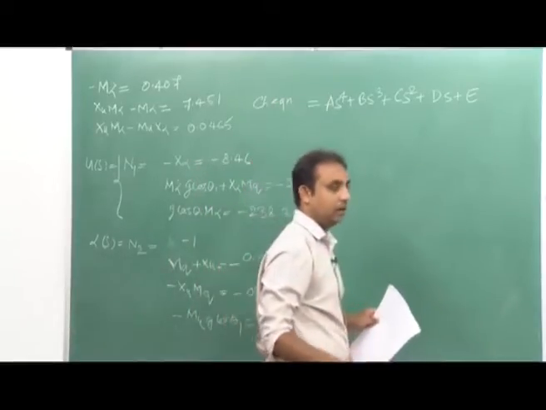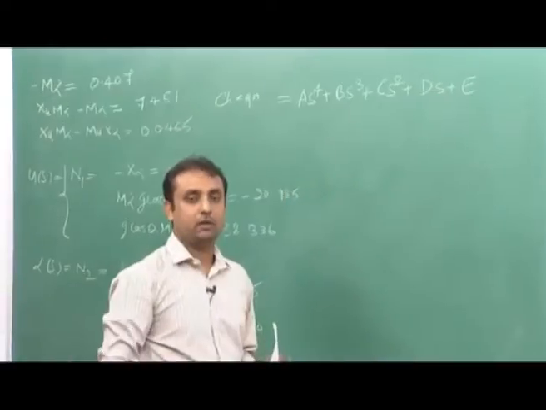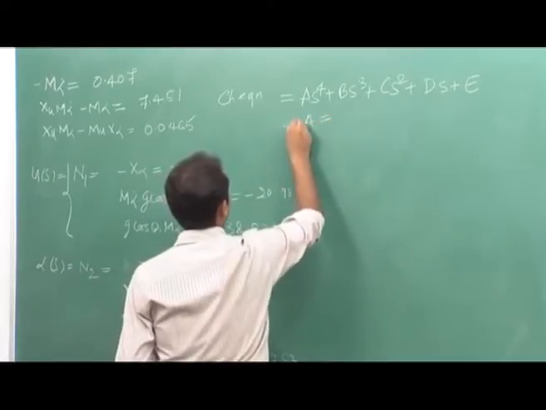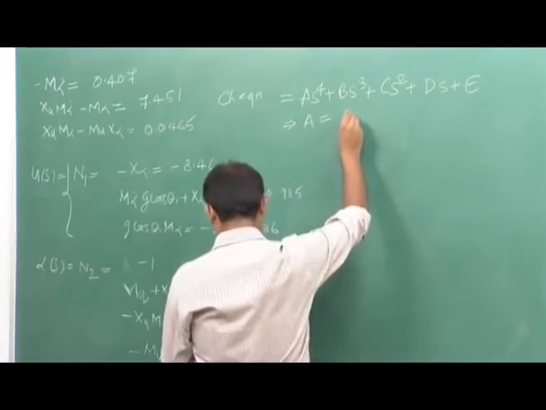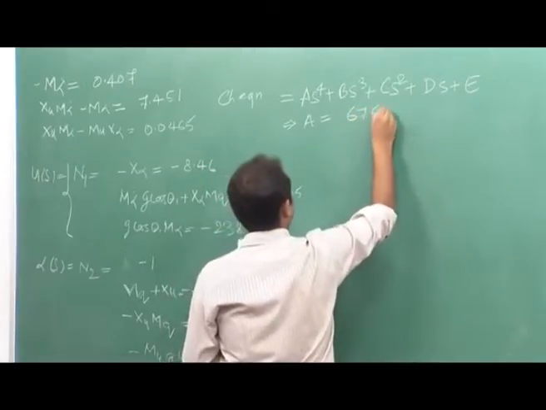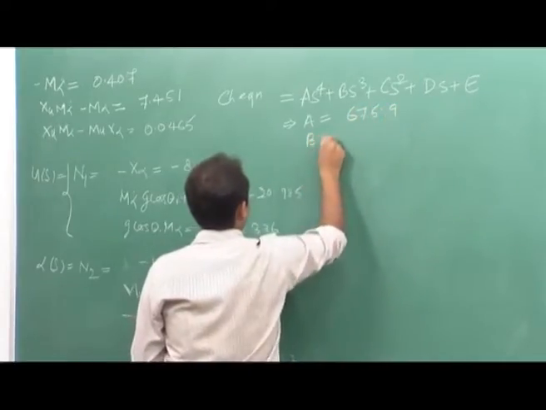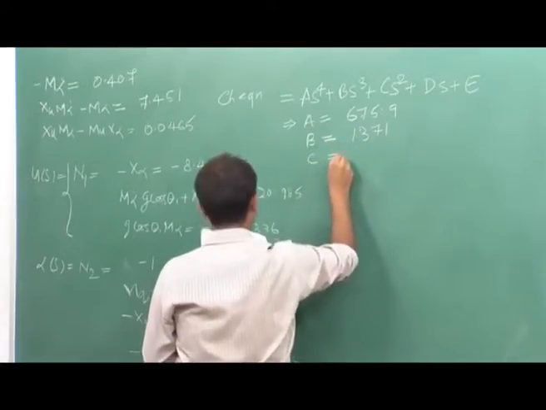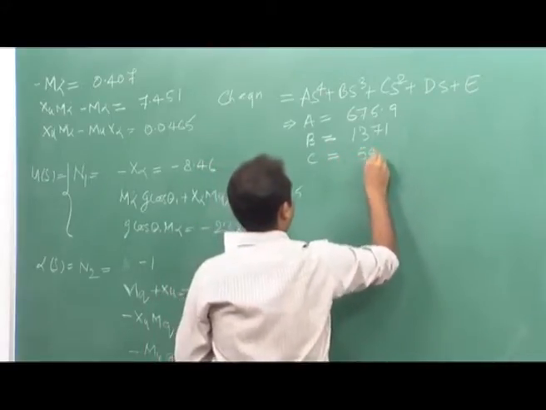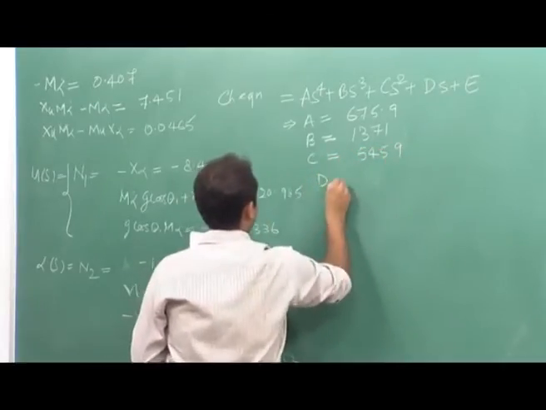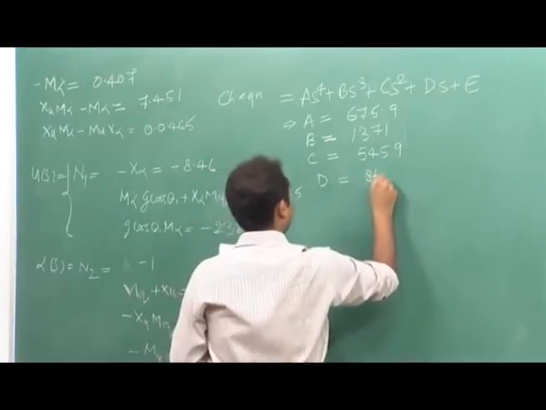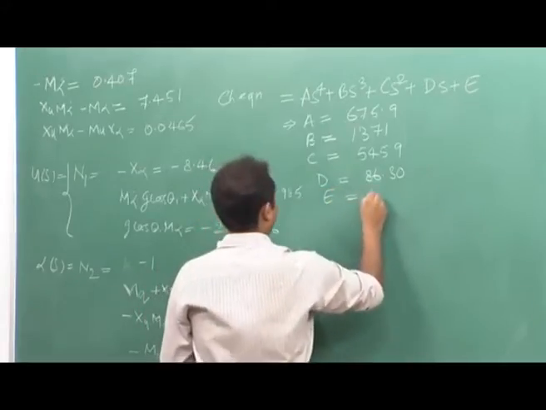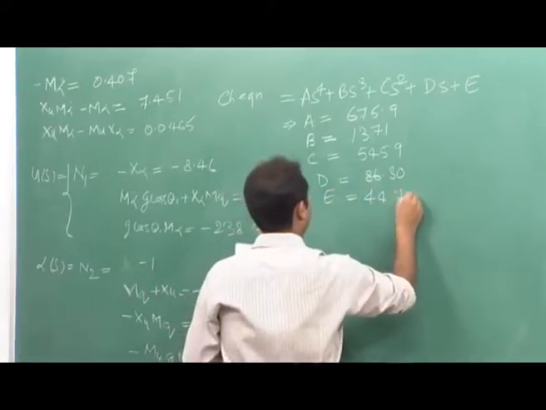Now, substituting the derivatives we have already shared on the forum, the values of A to E will be: A equals 675.9, B equals 1371, C equals 5459, D equals 86.30 and E equals 44.78.